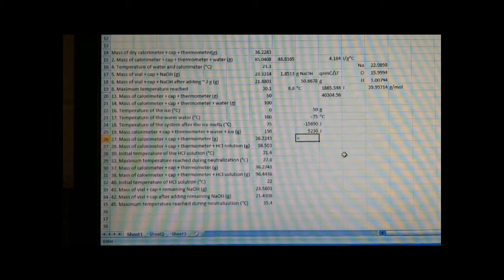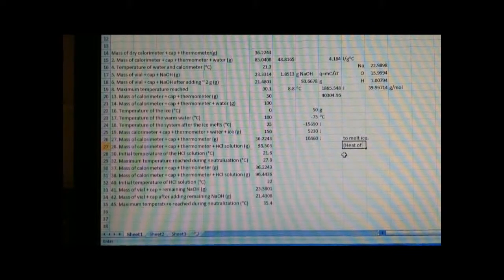So I'll use a positive 15,690 minus the 5230, and that will give me the portion that is gained by the ice to melt it. So this many joules is to melt the ice. That is the heat of fusion.